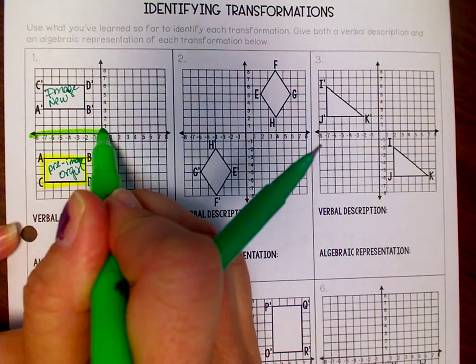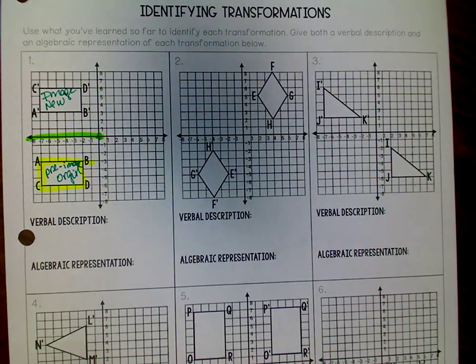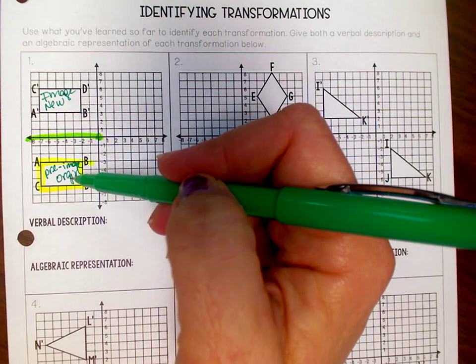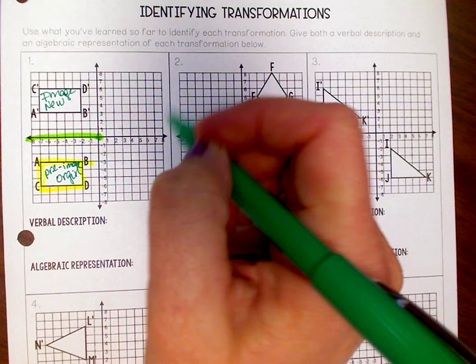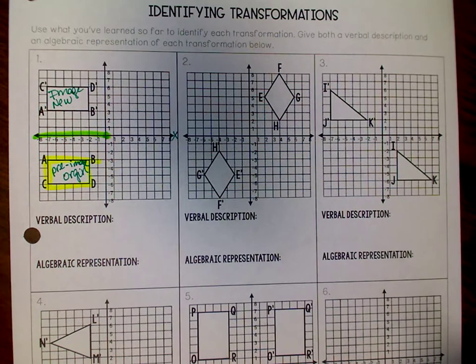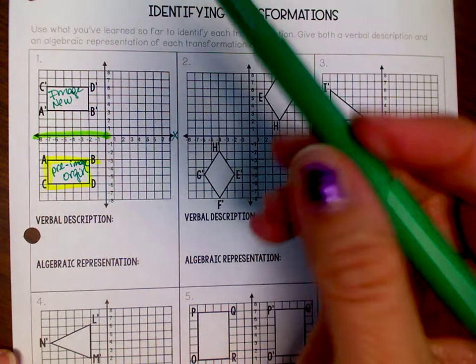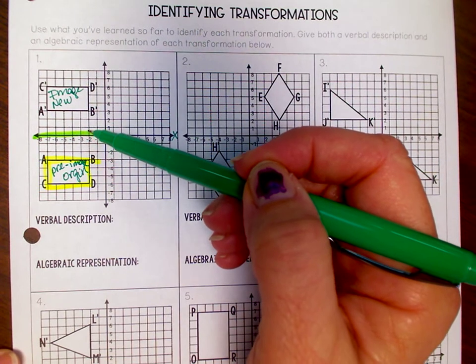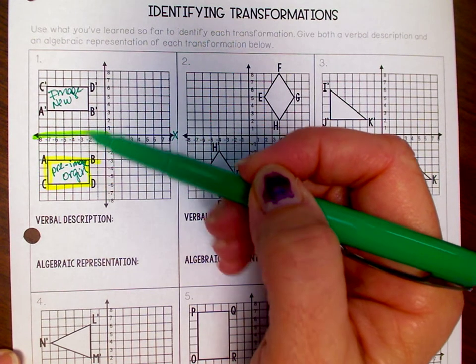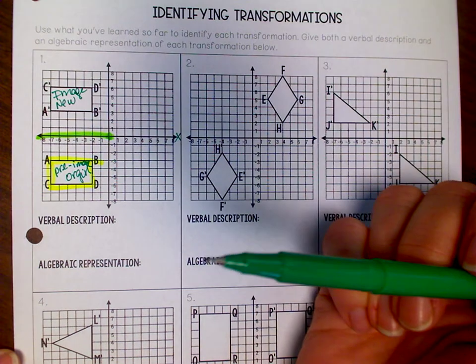But what happened to the figure? It reflected directly over your x-axis. So it is a reflection, like looking in the mirror. It's going to reflect your image. It's exactly the same amount away. 1, 2, 3. 1, 2, 3.